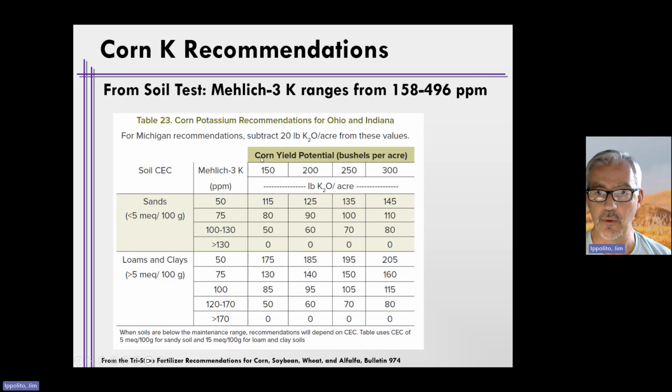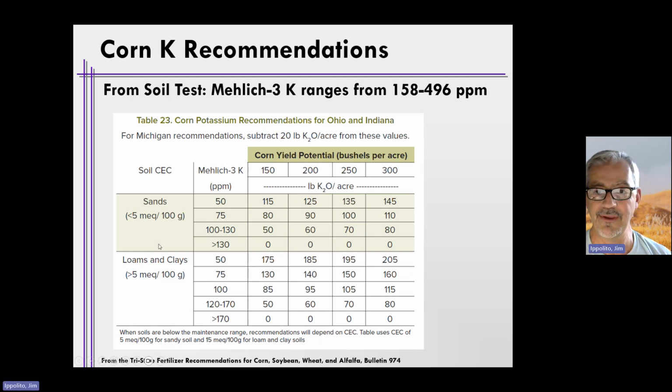This is based on the corn yield potential in bushels per acre, 150, 200, 250, and 300, the Mehlich-3 extractable concentrations, which range from 158 to 496 parts per million, and the soil cation exchange capacity, so sandy textured soils versus finer textured soils, if you will.